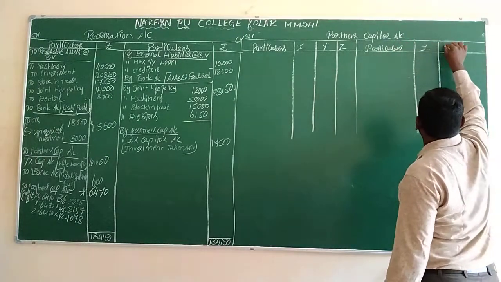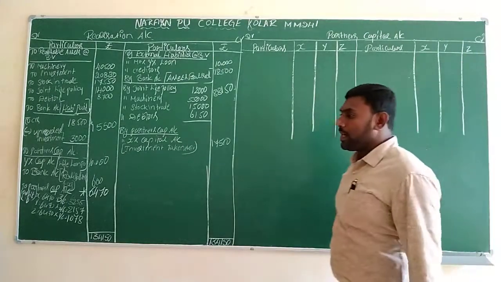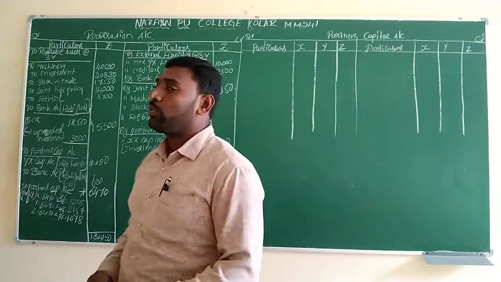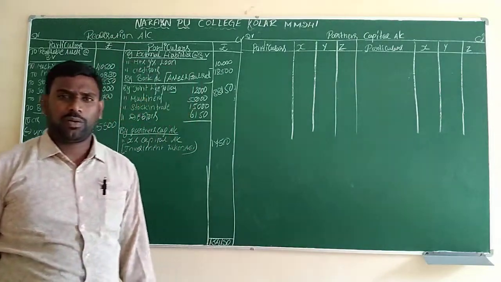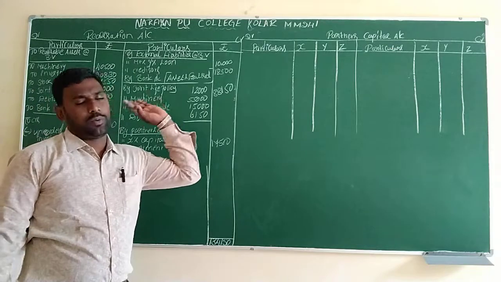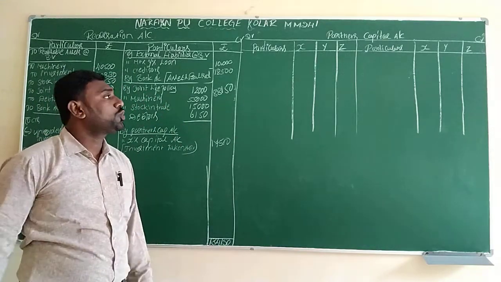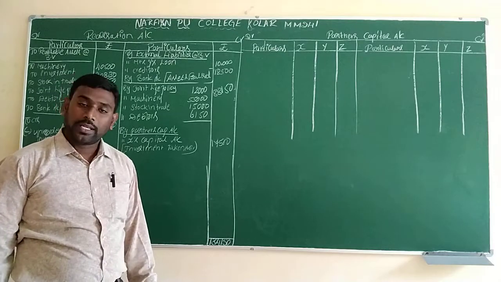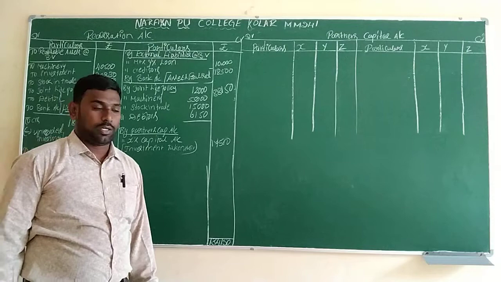X, Y, Z. Debit and credit compulsorily we have to write under partners capital account. Not only partners capital account, except balance sheet we have to write all the places. That is debit and credit is compulsory. These two will be considered as the four heads of the business, and heading we have to write compulsory in the middle of every account.